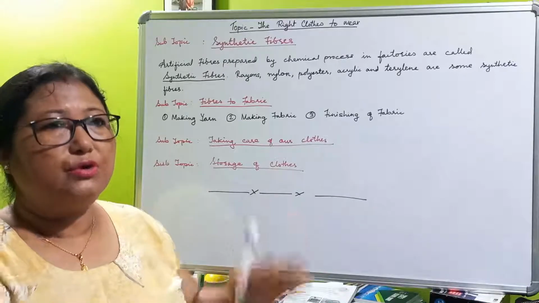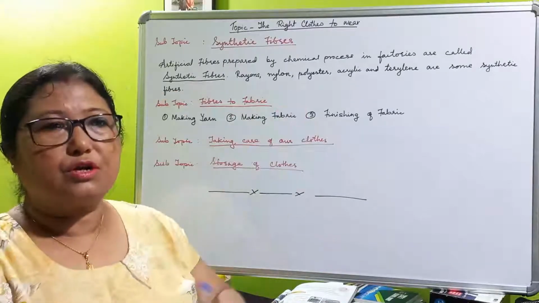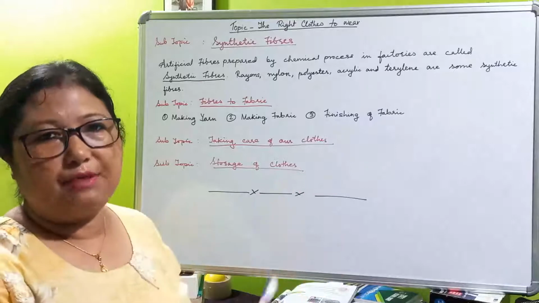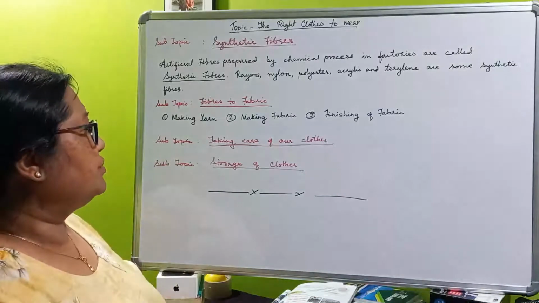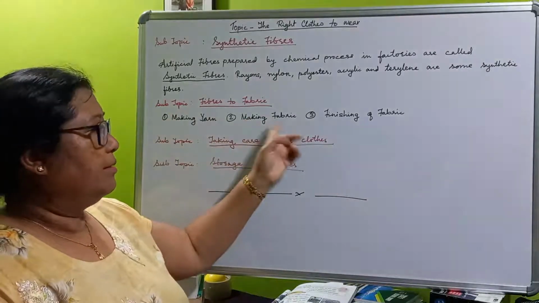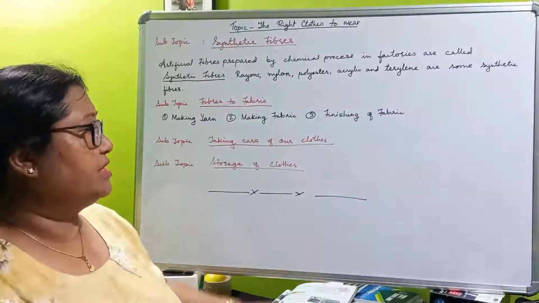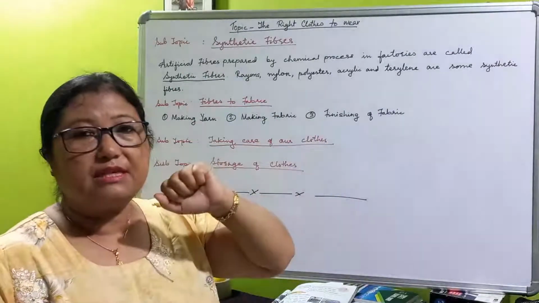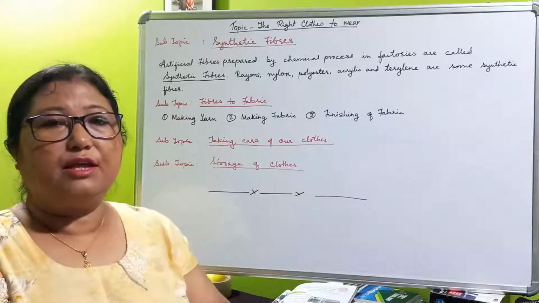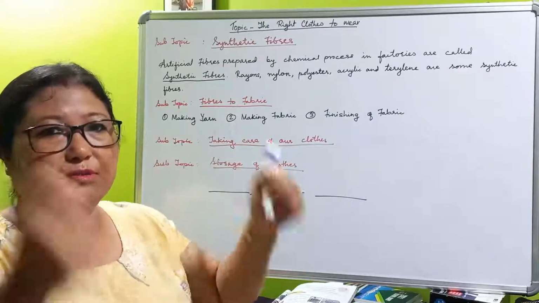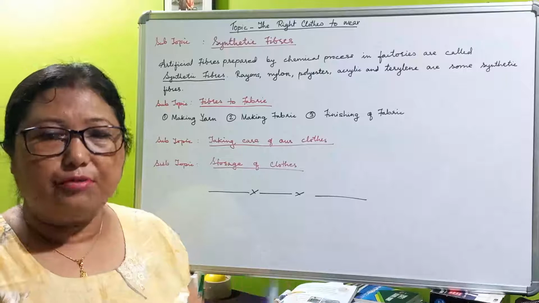So to make a good product or more product, they have to do it in factories only. In this way they make fabric, they make cloth materials. Then finishing fabric means what they do: they put color, different colors. Some threads almost come in white color only.